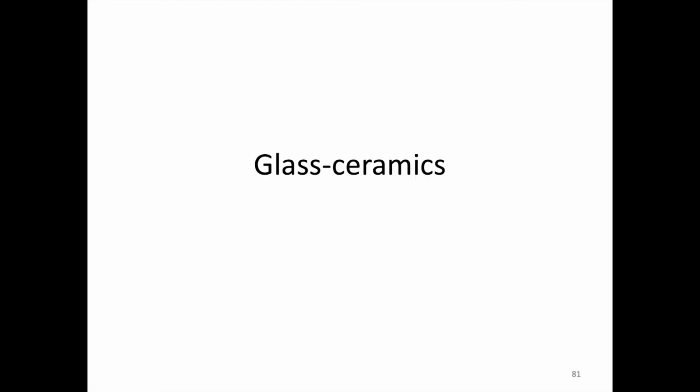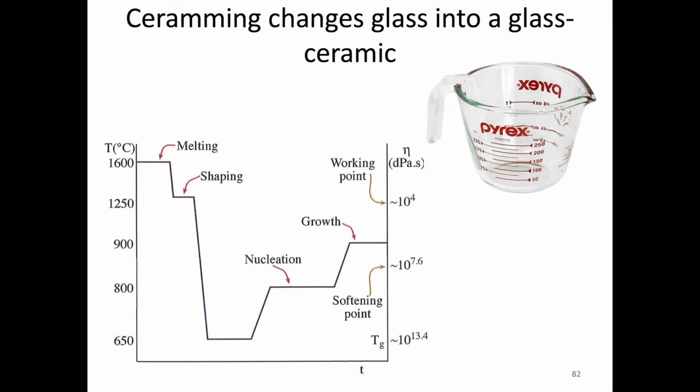All right, so the last mechanism that I want to walk through is known as the formation of glass ceramics. This is a class of materials in which we actually now start with a glass. This is the temperature profile as a function of time of the processing. We melt the material, shape it into something like a cup, and then cool it down to form the glass.